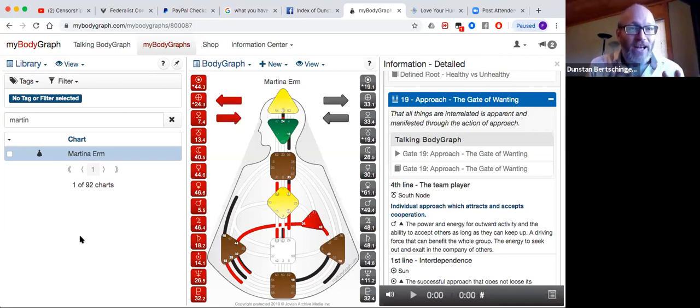If a generator wants to get something done, they can just work and work and work, and if it's correct for them, it'll get done. But us as projectors, without that life force, sacral energy, we need to do it smart. We need to know how the system works. We need to know if I do A, then B, then C, that's going to get me on the path to making this thing work.